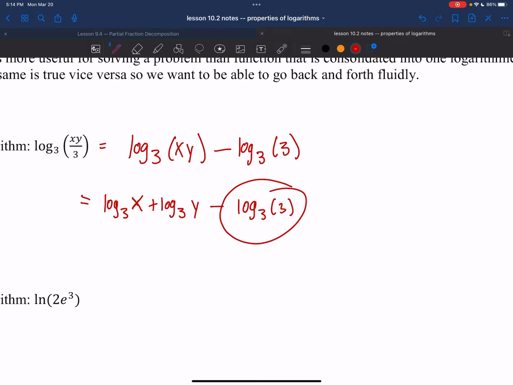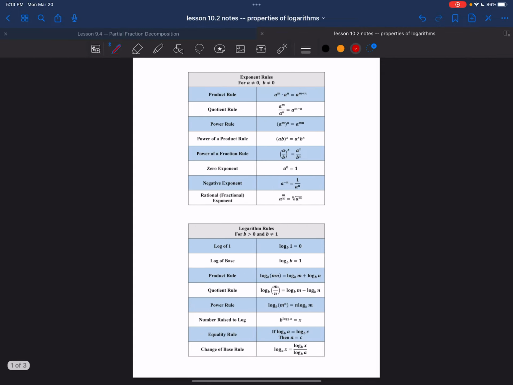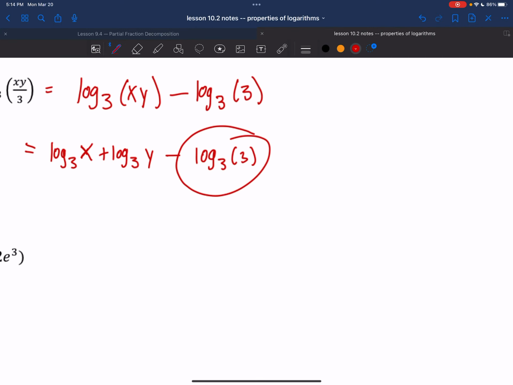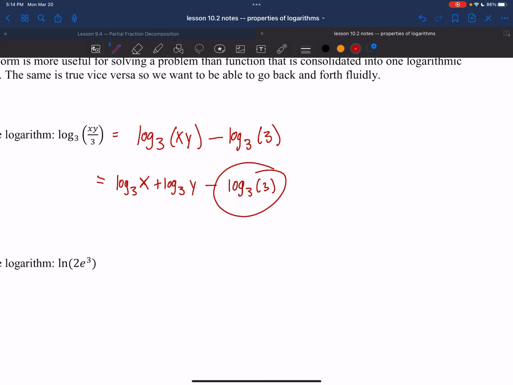If you look back over here, when I have log base b of b, when the base is the same as the argument, the output is 1. So this log base 3 of 3 is actually just 1. This is just minus 1.